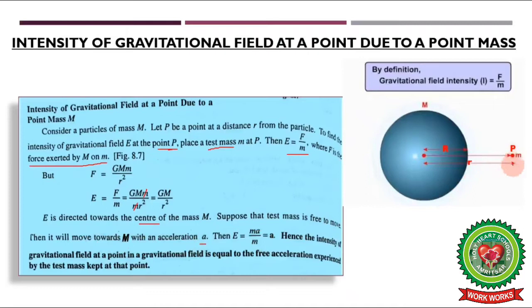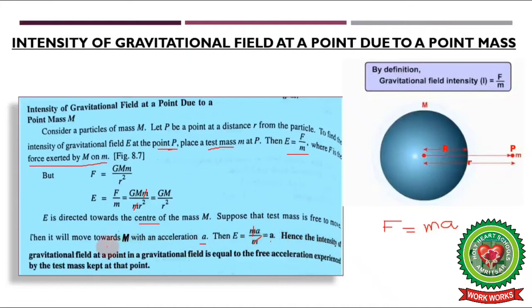If it is moving with acceleration a, then obviously force is equal to m into a. This is the previous formula: when a body is in motion, F is equal to ma. Now here we put F is equal to ma divided by m, and again this m and this m will cancel and we are left with a.